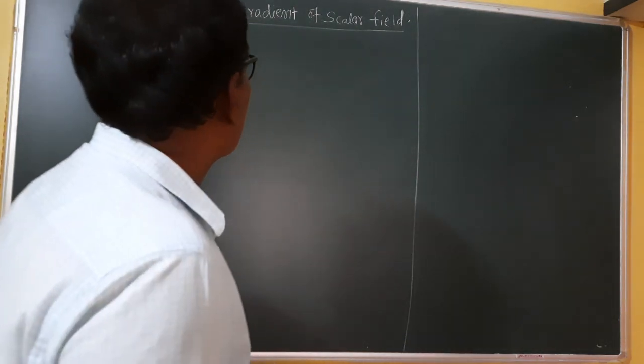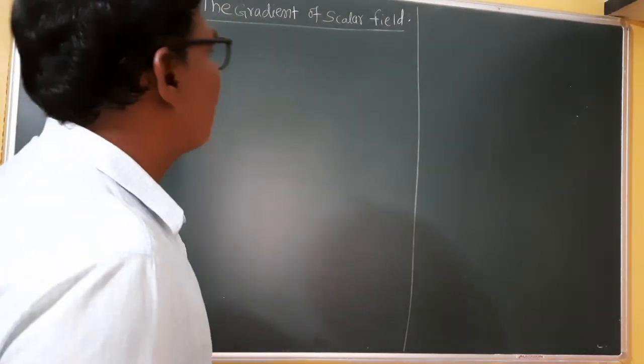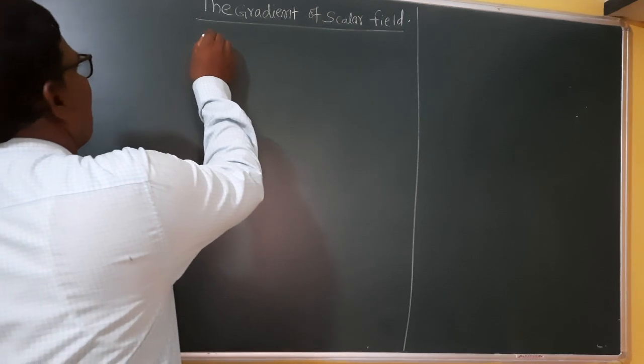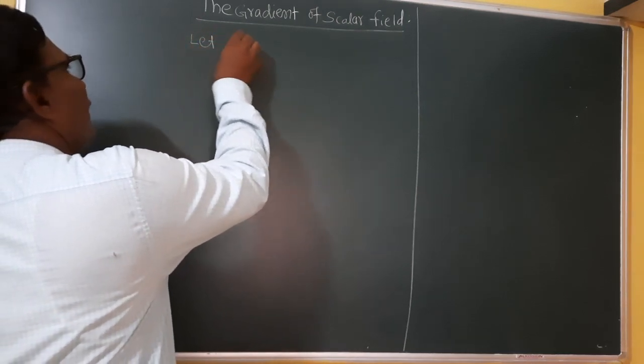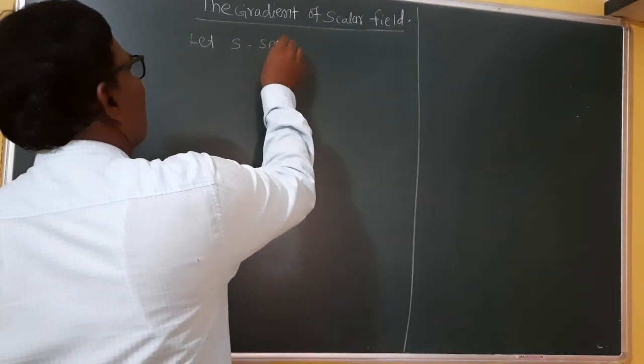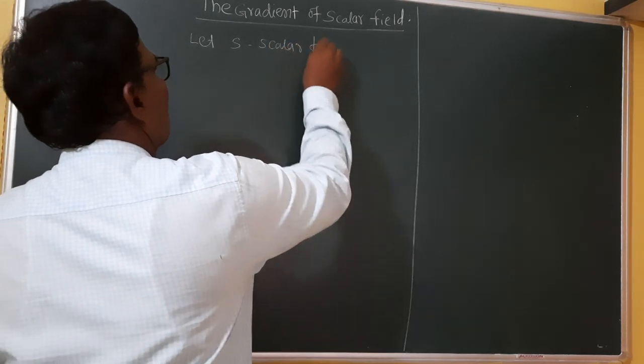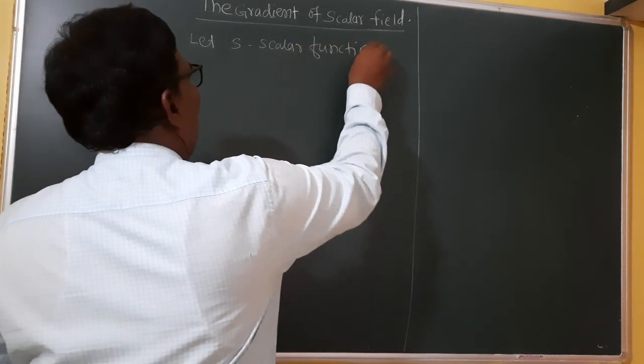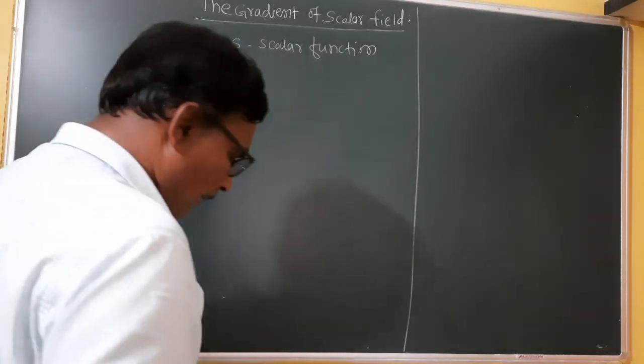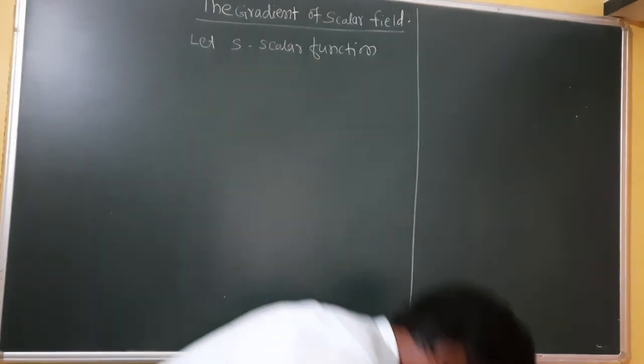Now gradient, we have to consider the scalar function. Let S be the scalar function, and in that scalar function we have to consider what we mean by the gradient of the scalar function.